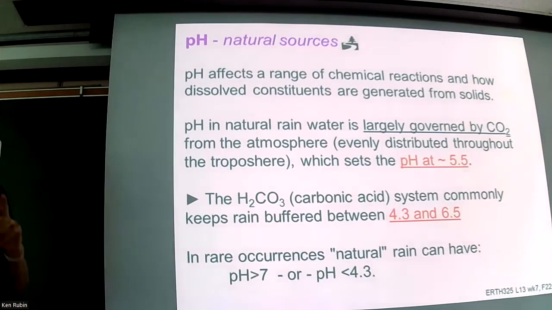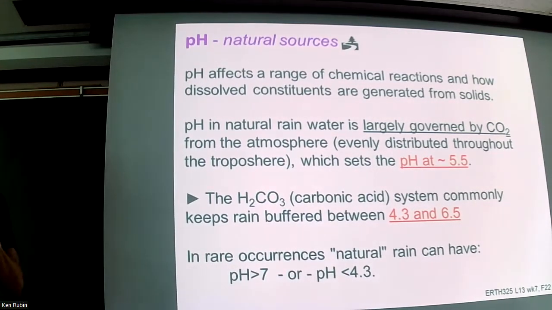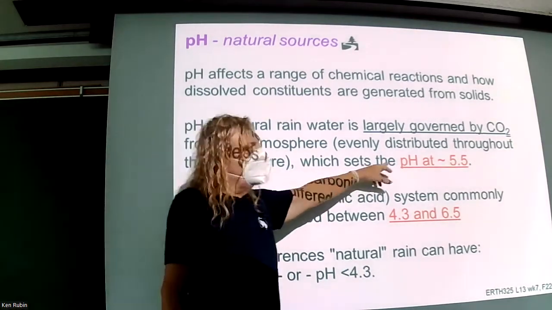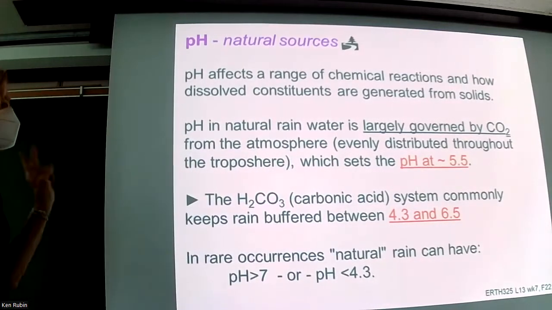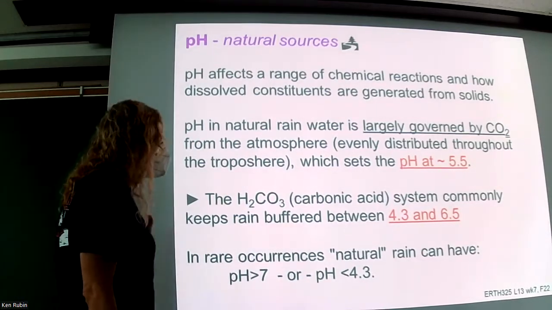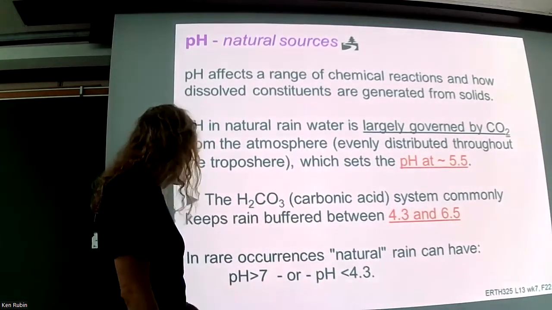And that's the genesis of what we call acid rain. So pretty much all rain, not 100% of rain on the planet, but the vast majority of it is acidic, okay? Mildly acidic. But we use the word acid rain to talk about rain that is more acidic than it can be made by CO2, with something else added to it, okay?